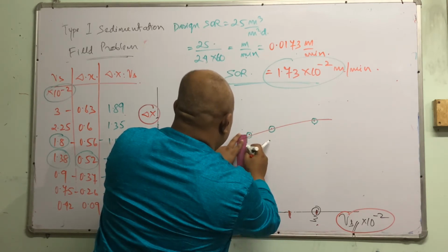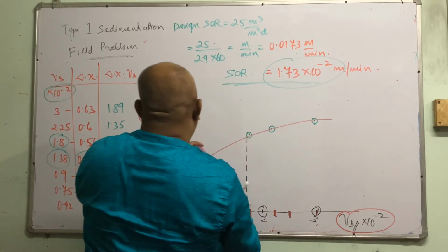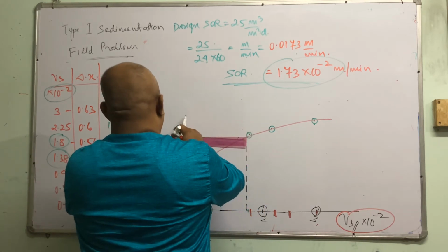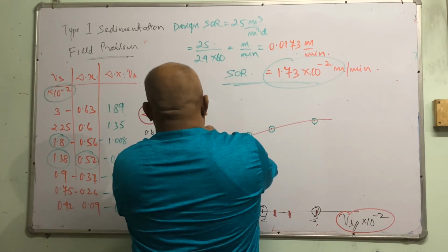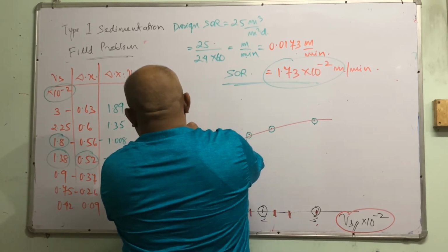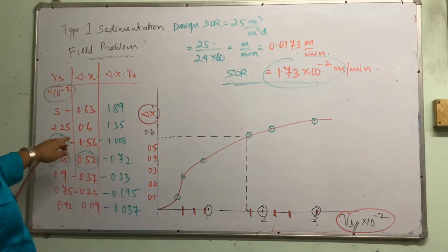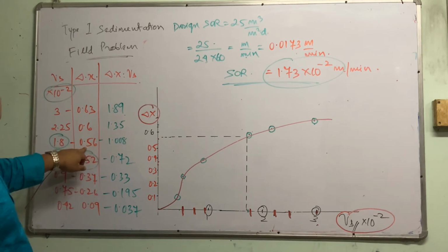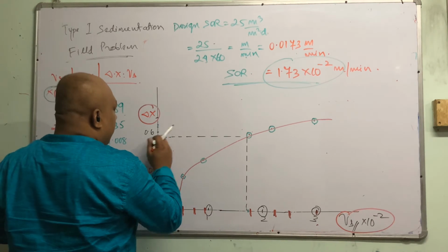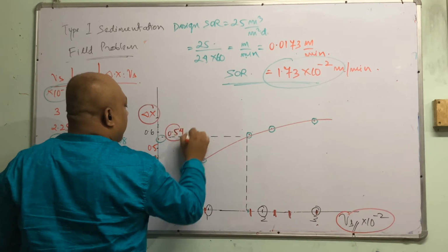And what is this value? It should be less than 0.56, no doubt. So can I say this is around 0.54? Okay.